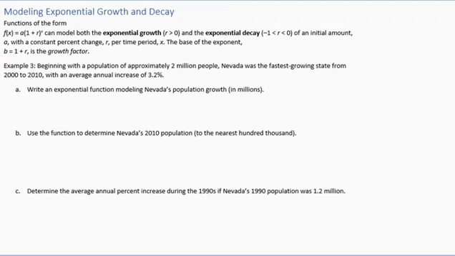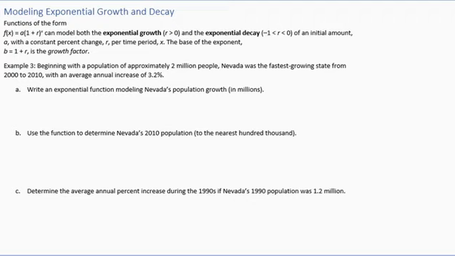Functions of the form f of x equals a times (1 plus r) to the x can model both exponential growth, where r is greater than 0, and exponential decay, where r is between -1 and 0, of an initial amount a, so our initial amount we're calling a, constant percent change r, so this r actually has to do with a percent change, a percent increase or a percent decrease, and a time period x.